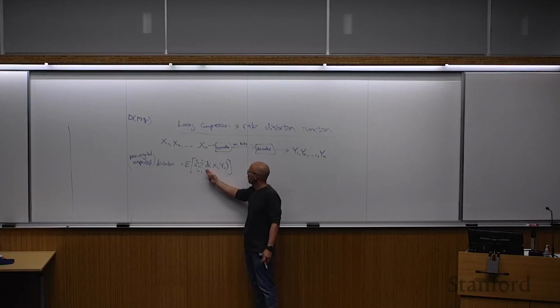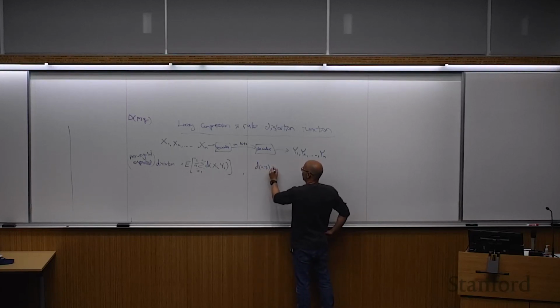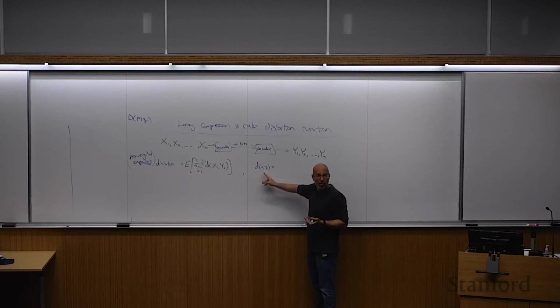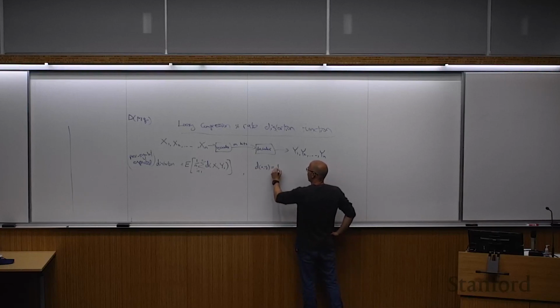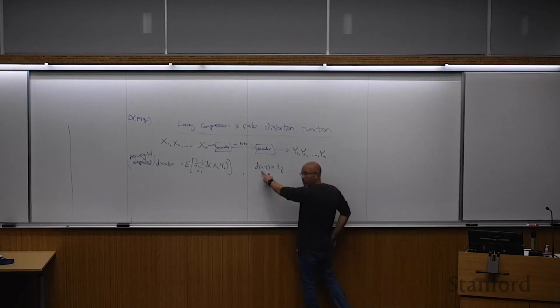Examples of distortion criteria that some of you may be familiar with: for example, Hamming. Hamming is a distortion criterion that makes a lot of sense in the context of discrete data. We just look at whether or not the reconstructed symbol is equal to the original symbol.